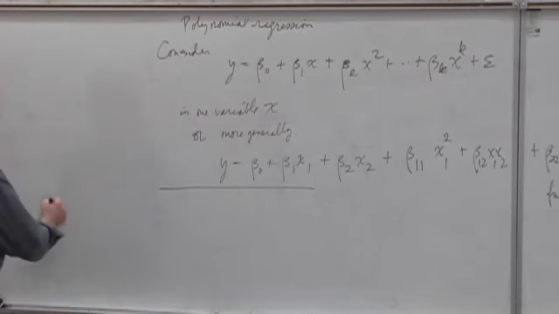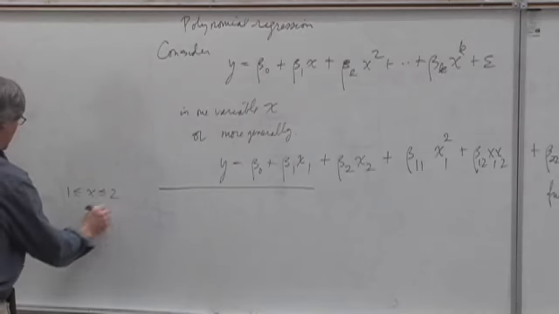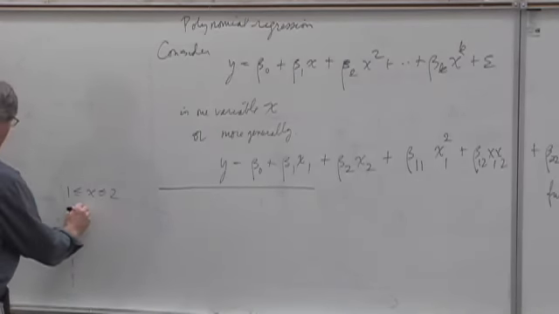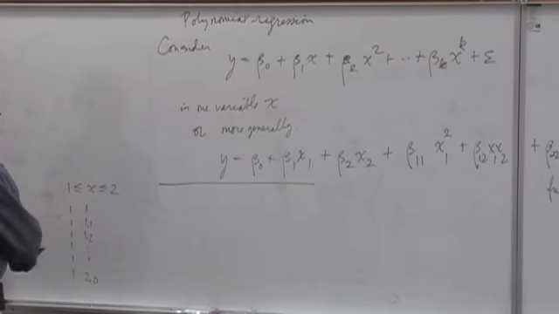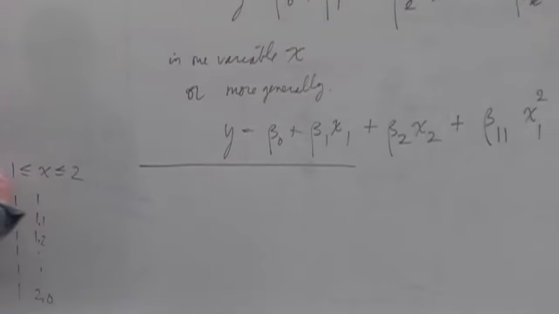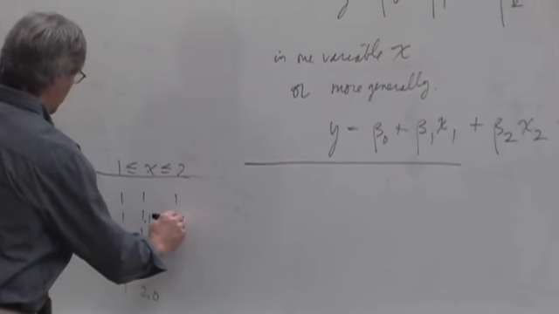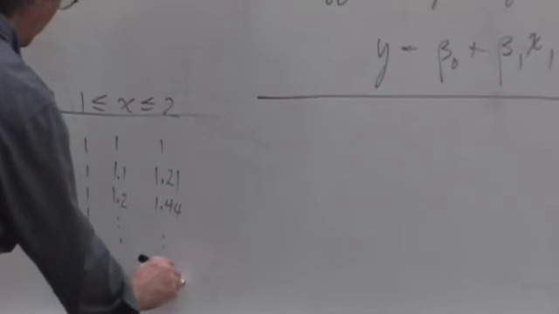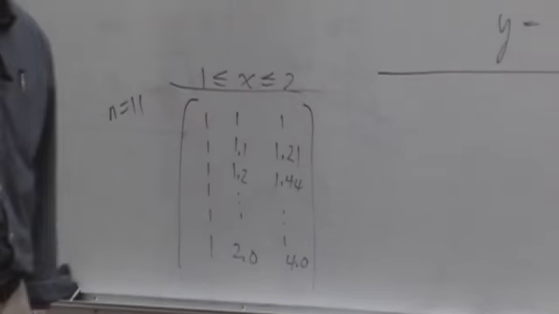So, for example, if I had x between 1 and 2, and I had a column of 1s for my intercept, then I had my x: 1, 1.1, 1.2, down to 2.0, let's say there were 11 observations, n equals 11, just for instance. And then x squared would be 1, 1.21, 1.44, and so on down to 4.0. You can imagine that the correlation matrix has a lot of high correlations in it.